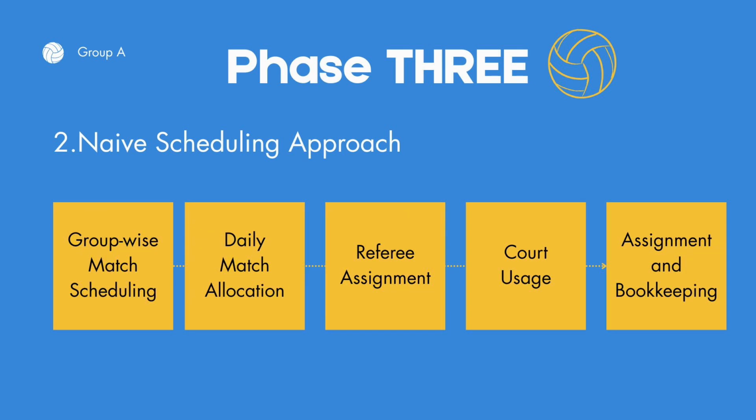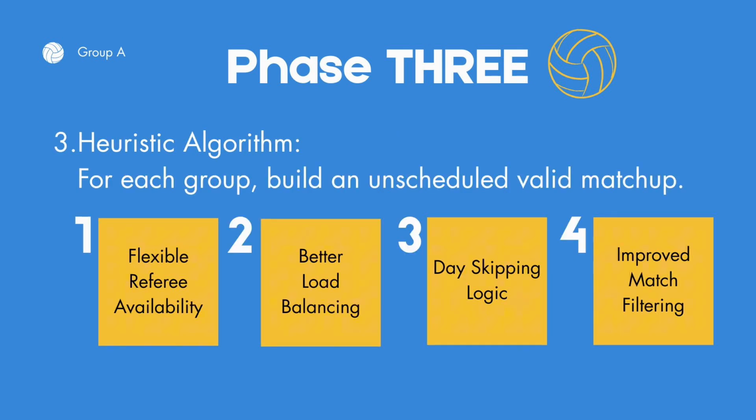However, since this method doesn't look ahead or backtrack, it can leave a lot of matches unscheduled, especially under tight constraints. To improve on this, we designed a heuristic algorithm. It's still greedy, but smarter. It builds the schedule one match at a time, starting with Group A and moving forward. What makes it better? First, it's flexible with referees.